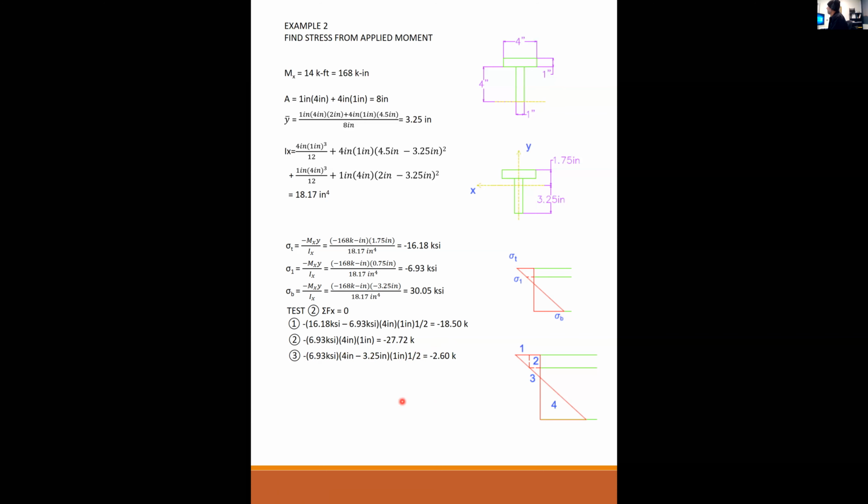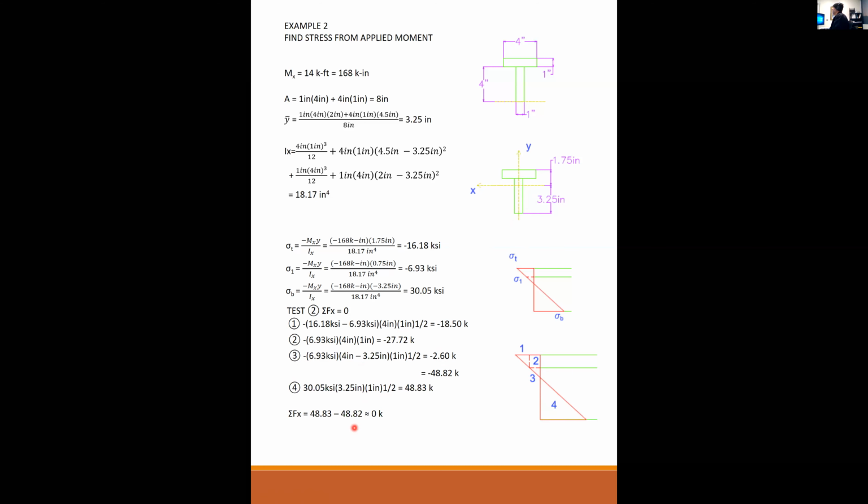And lastly, area number 4. Oh, I'm sorry, before I do that, I add all my compression. My compression equals 48.82 kips. Now area 4 is a positive 30.05 KSI times a height of 3.25 times a width of a half times a half for the triangle, and I get 48.83.